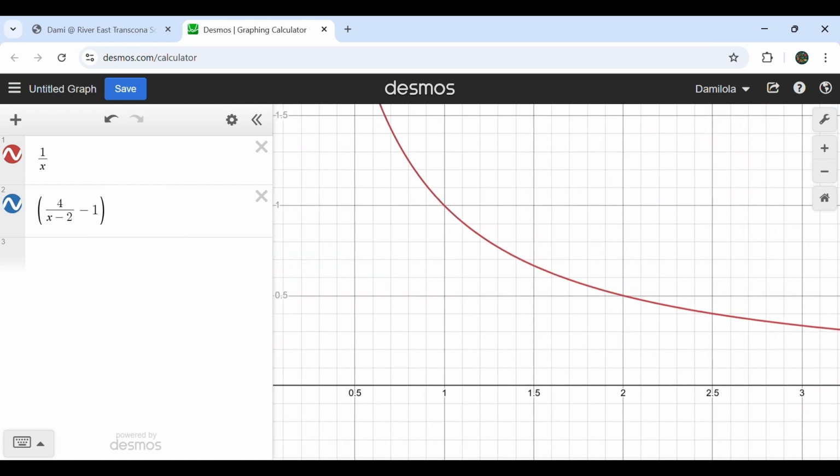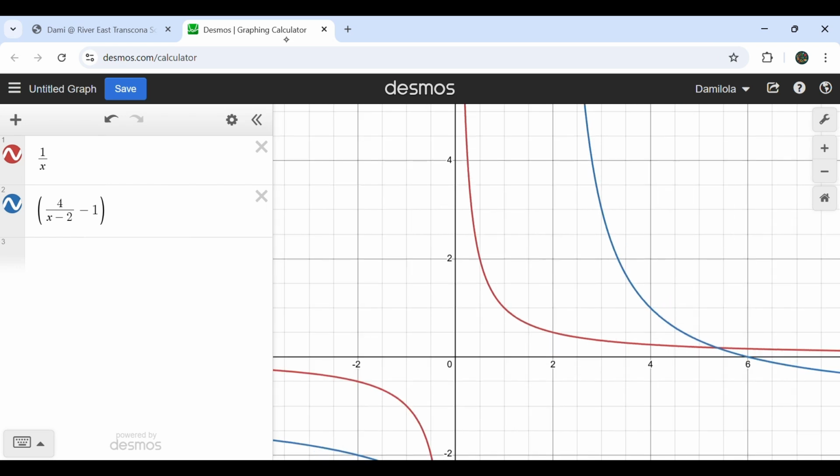You just input the x part in here. 1 plus 2 is 3. 4 times 1 is 4, minus 1 is 3, and same thing with this. And then come over here, 3, 3.